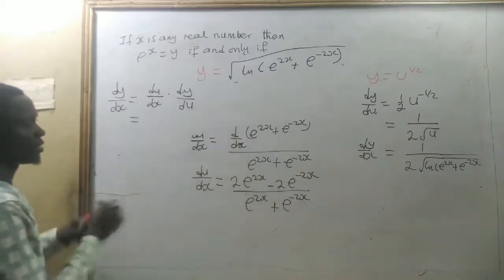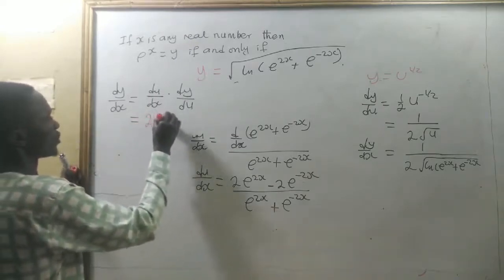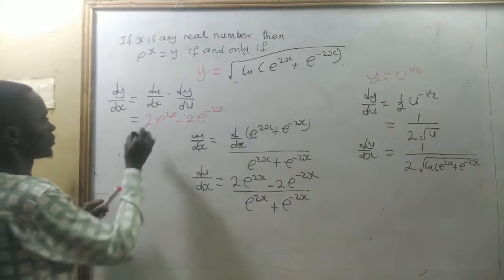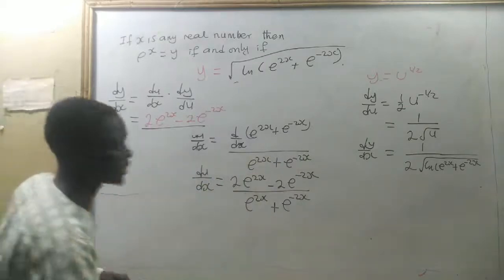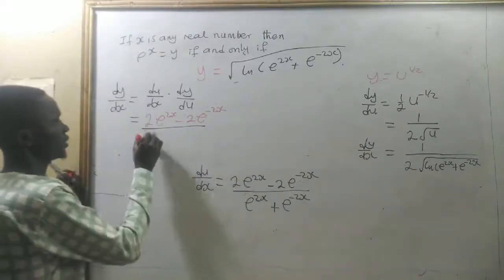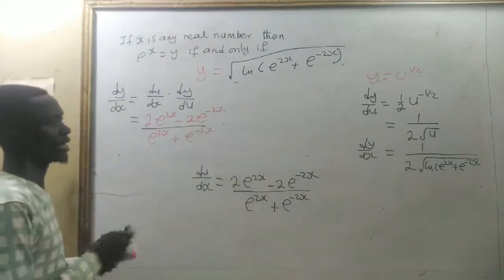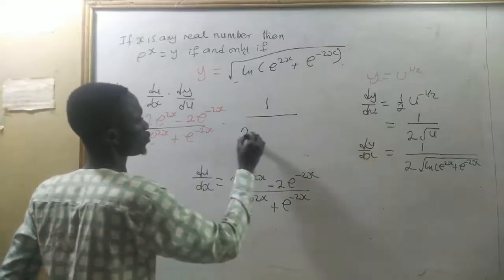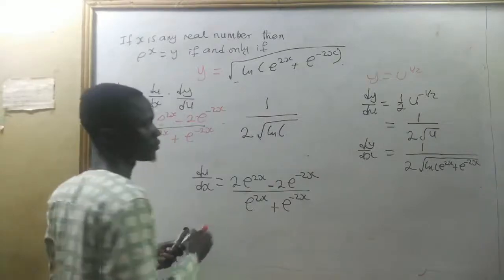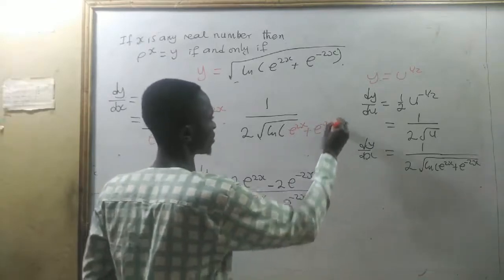This will be given by, this is our du/dx, 2e to the power 2x minus 2e to the power negative 2x divided by e to the power 2x plus e to the power negative 2x, times dy/du, 1 divided by 2 times square root of natural log of e to the power 2x plus e to the power negative 2x.